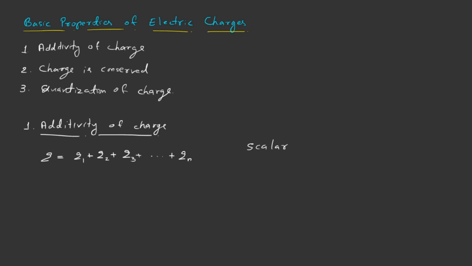Let us consider an example of this case. Let a system consist of 5 charges. Q1 is equal to minus 3, Q2 is equal to minus 2, Q3 is equal to 4, Q4 is equal to 1, and Q5 is equal to 3.